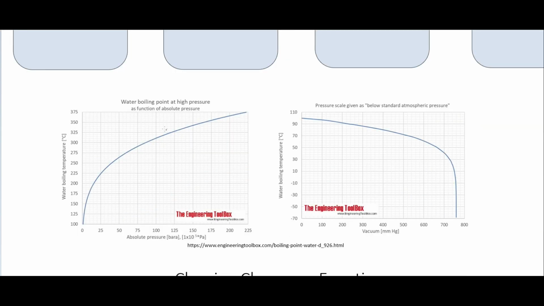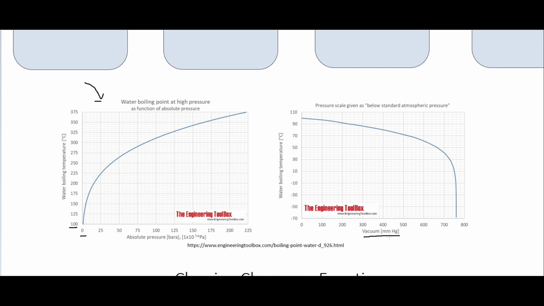So on the left is the water boiling point at high pressure. We see that the boiling point of water starts at 100 where we have the absolute pressure at 0, and then the boiling point of water increases as the pressure goes up. Over here, this is telling us how far below the atmospheric pressure we are.